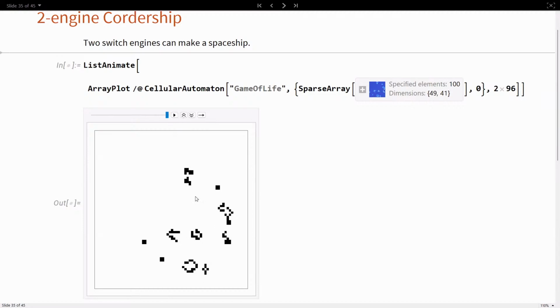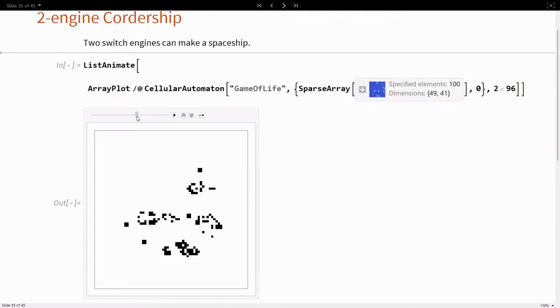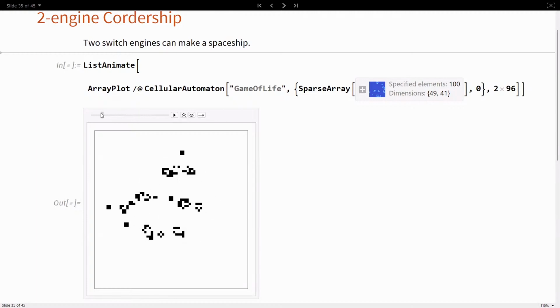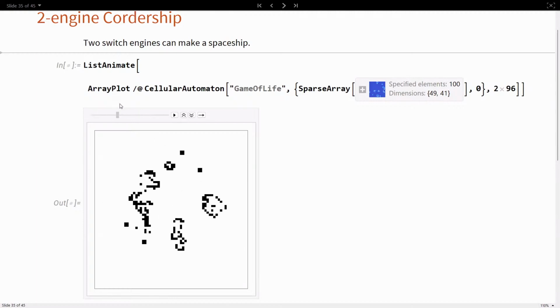So you can see that you've got this configuration of blocks slowly moving along with a bunch of chaos.